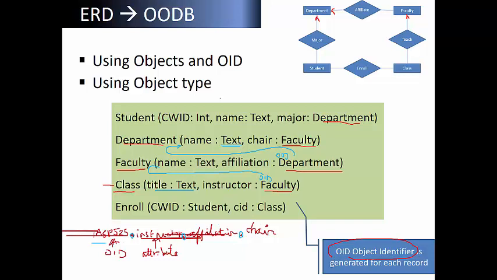Therefore, this one expression tells you the chair of the department where that particular class instructor is affiliated. I think you can see some of that implication here, right? But it should be connected with the dot notation step by step, as you can see here.